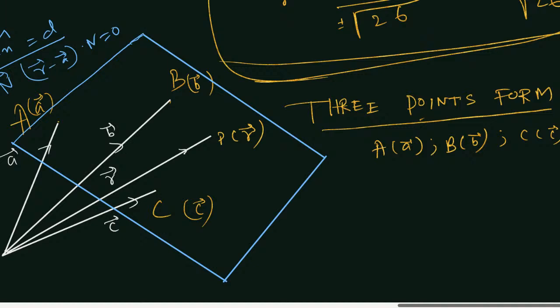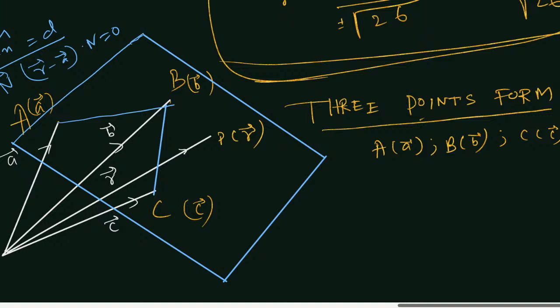You can find n by using the concept of cross product of vectors. Okay? Now, I am just telling you one thing. These are two vectors, BA and BC. If you know 3 points in a plane, you can write the equation of normal.